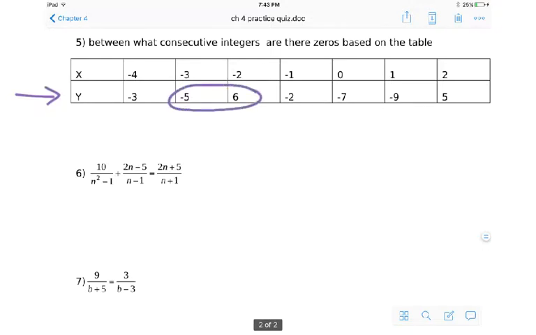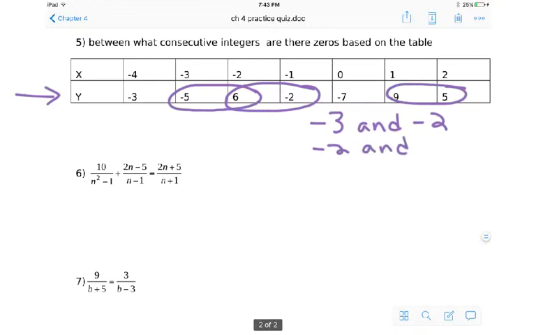So I want you to notice that the y values here go from negative to positive, and then here from positive to negative, and then again over here. So this particular polynomial would cross the x-axis between -3 and -2, and again between -2 and -1, and would cross again between 1 and 2.